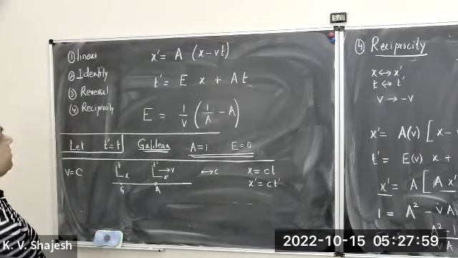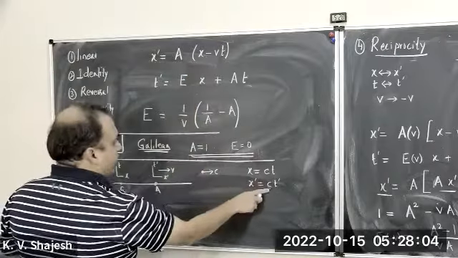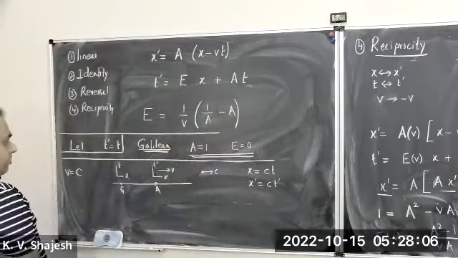If that is the case, we go back and put this in. We have our equations, and if I put these two in, I should get some condition there.